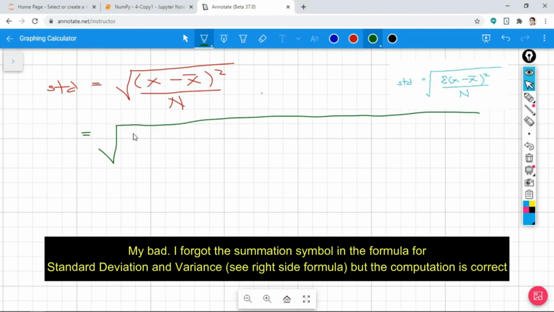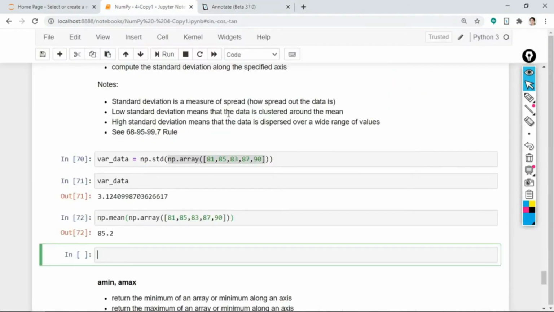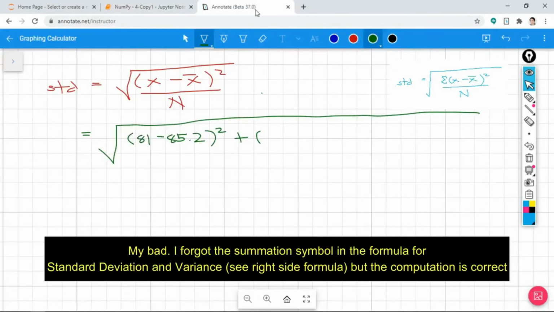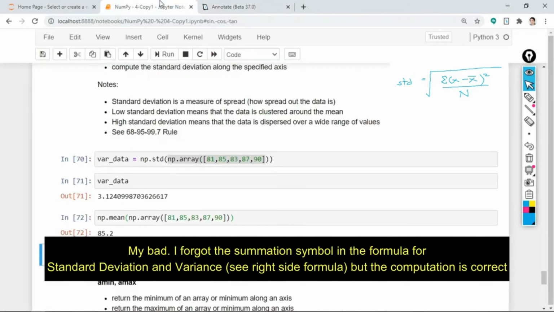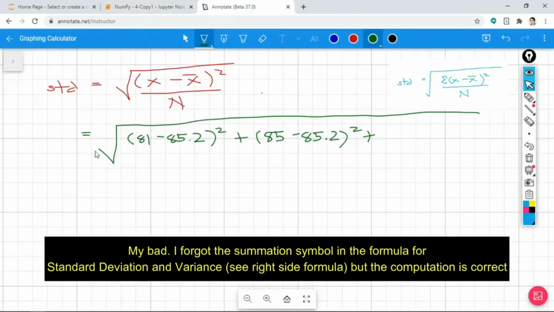Okay, so we have 81 minus 85.2, squared, plus, also 85 minus 85.2, squared, plus the next one we have 83.